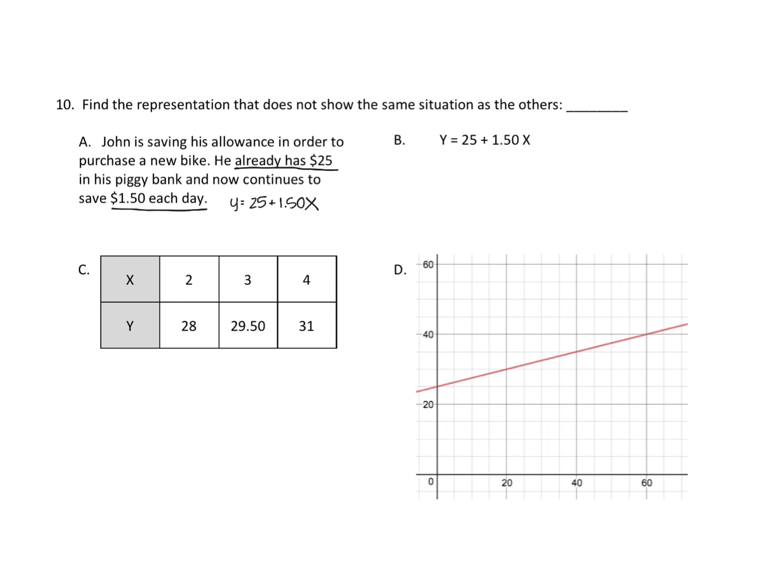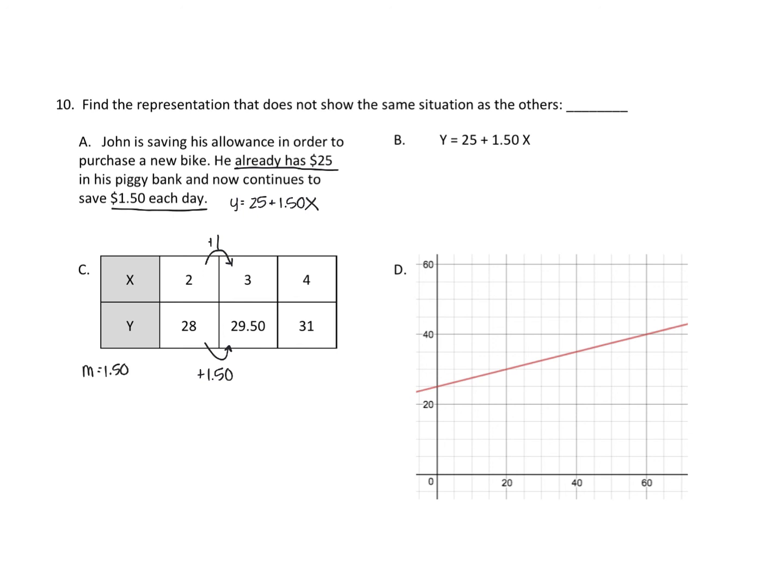So now we're looking to see if C or D doesn't match. To do this, we can check our table by finding our rise over run. So let's go ahead and do that. To get from 28 to 29.50, we would add $1.50, and our slope here would be 1.50.